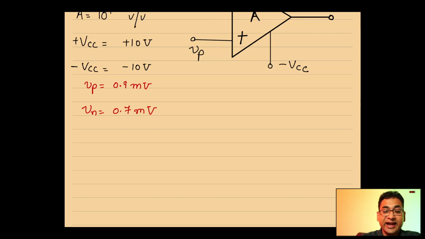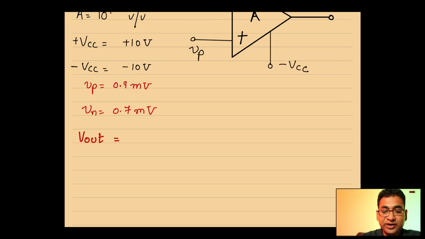Now we should be able to calculate V out. Let's write all of this in red.